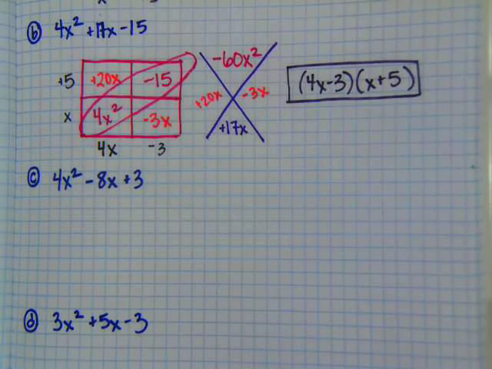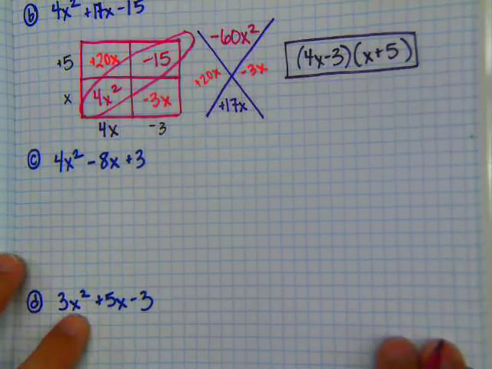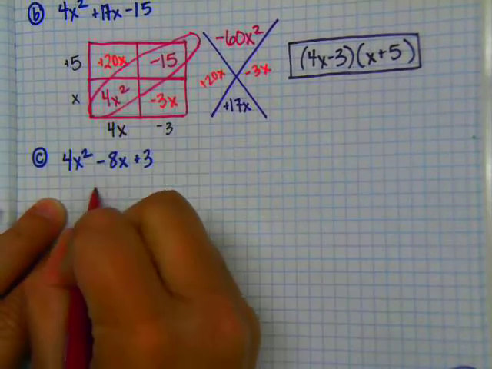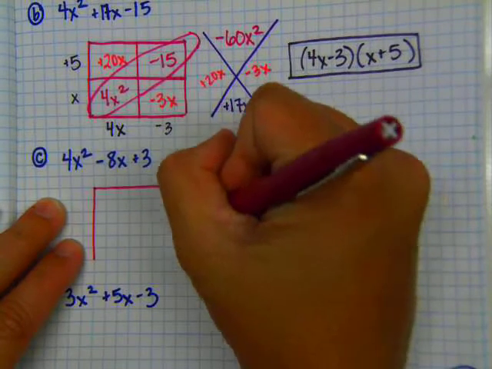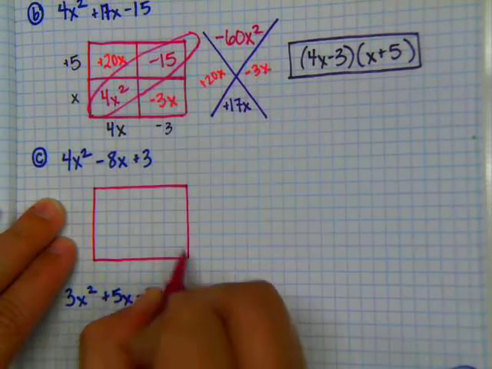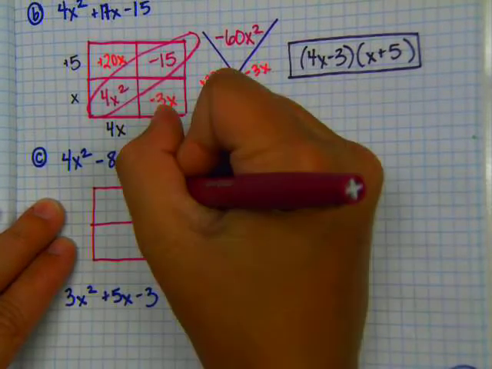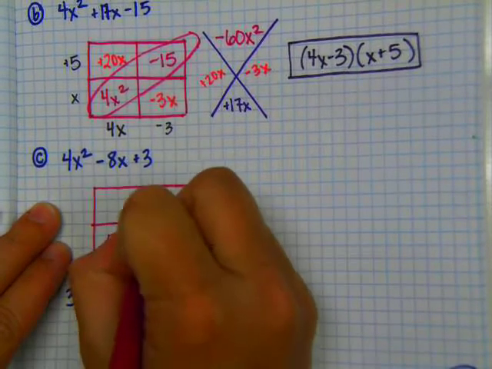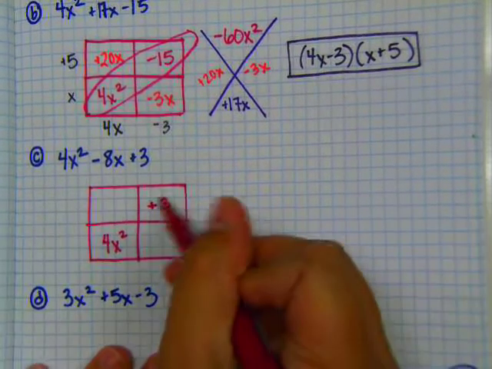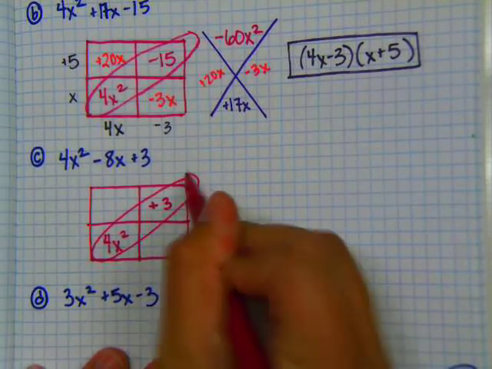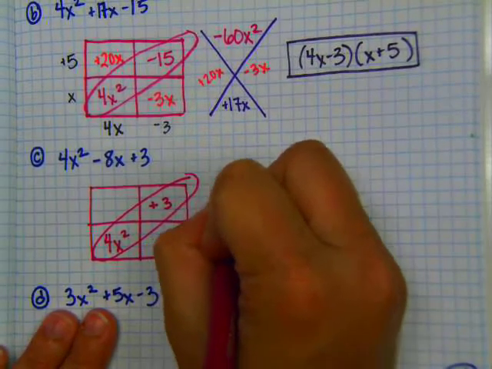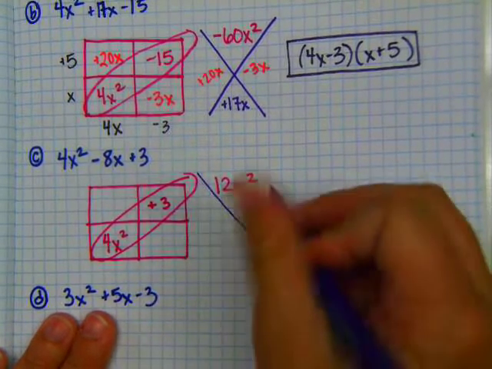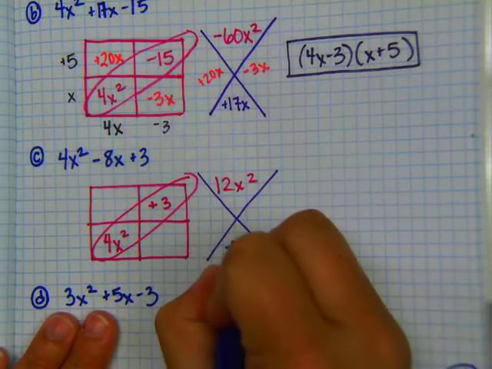Okay. Letter C. Make the area model. 4x squared and 3, multiply. That'll be 12x squared. Make the diamond, and we put negative 8x in there.